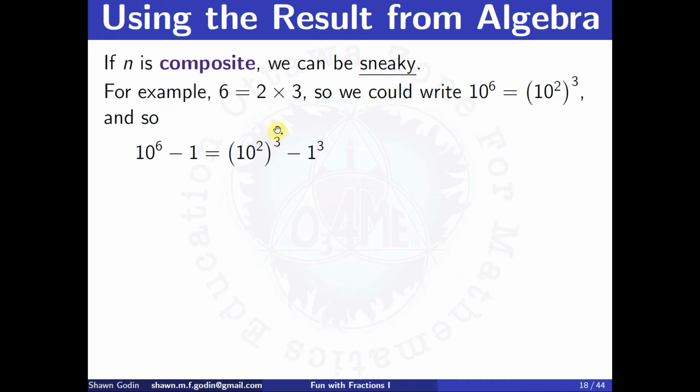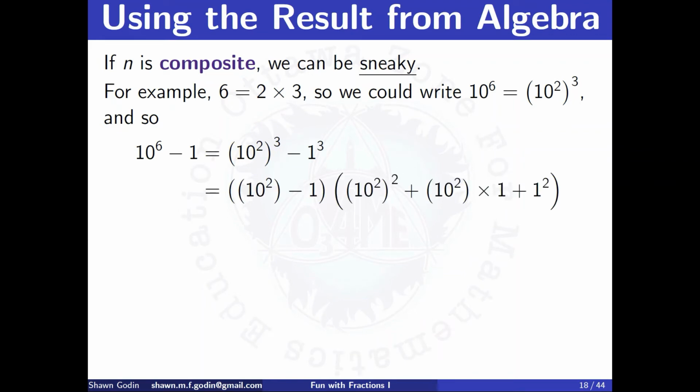And now we can use the identity dealing with cubes instead of 6th powers. If we do that, run through the pattern, we get 99 times 100 squared plus 100 plus 1, or 9 times 11 times 10101.